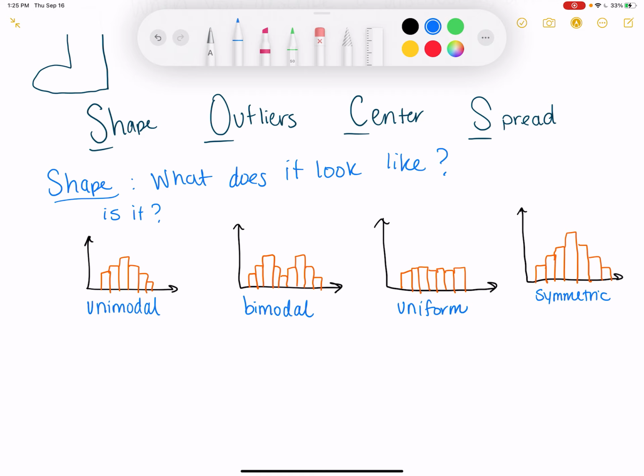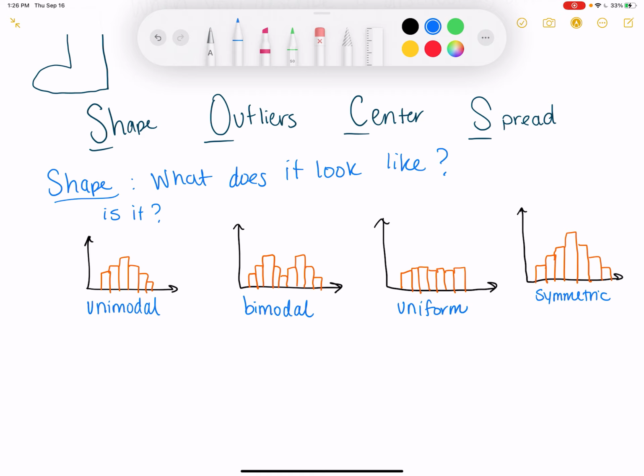Okay, so when we're describing shape, we're gonna say if it's unimodal, bimodal, uniform, symmetric. Something can be unimodal and symmetric. I'm just saying it can be both things. Technically, symmetric has 1 hump. Could it be bimodal?